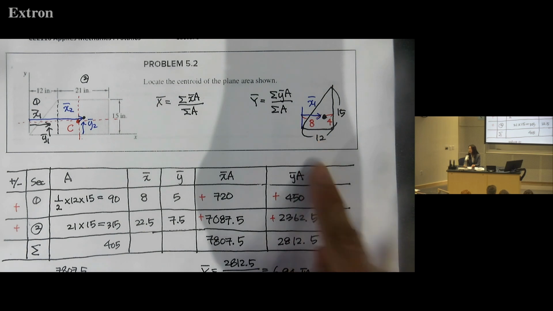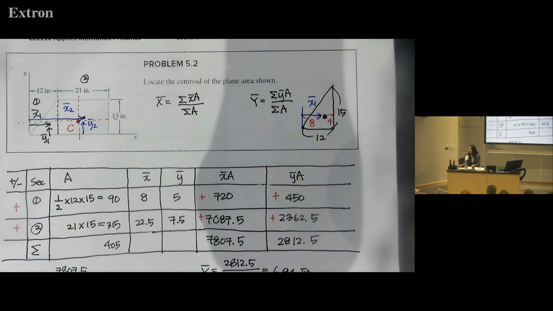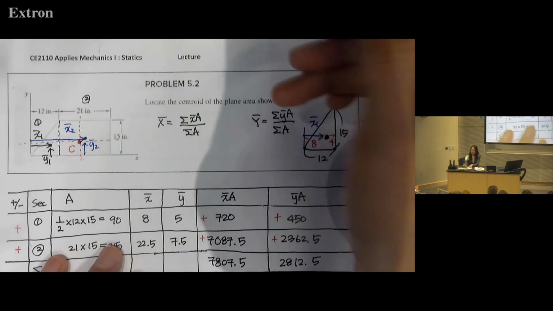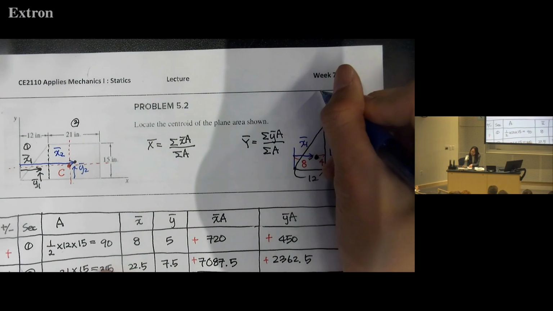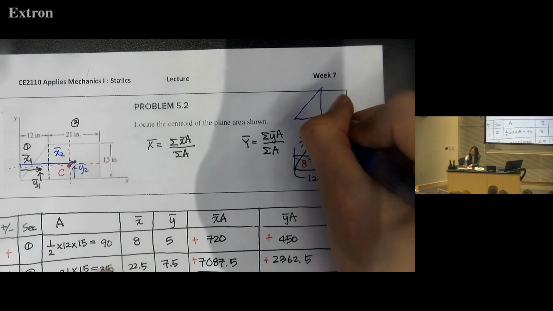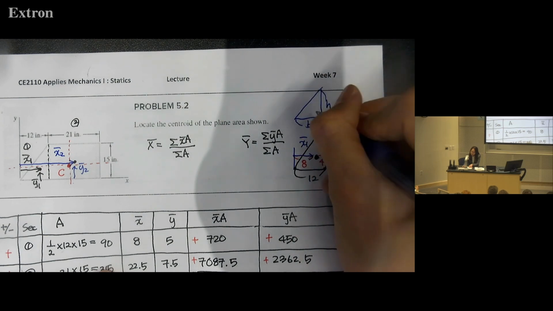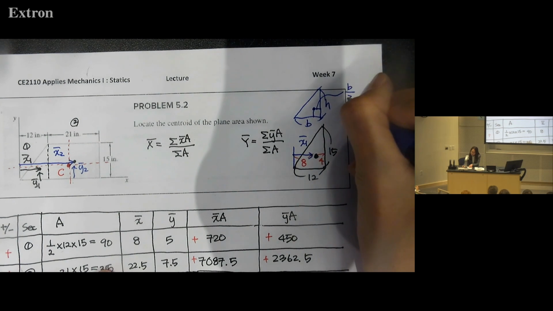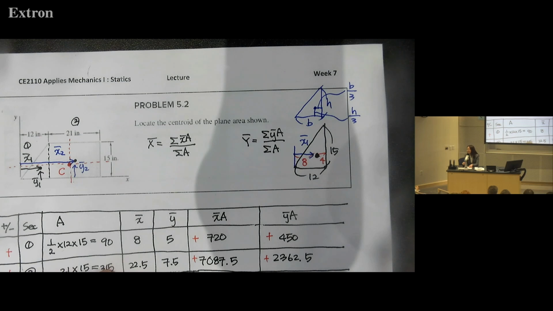Are you basing it on looking, or is there a set fraction? For example, is this 1/3, right? So I plot this again here. If this is B, this is H, and then this centroid, and then this is B over 3, and this is H over 3, that is from the table.